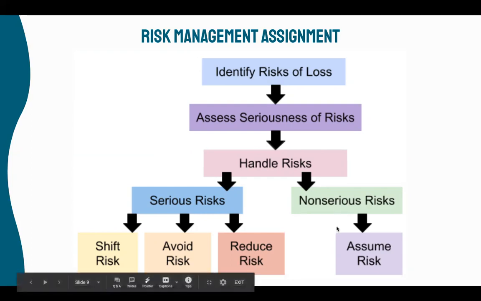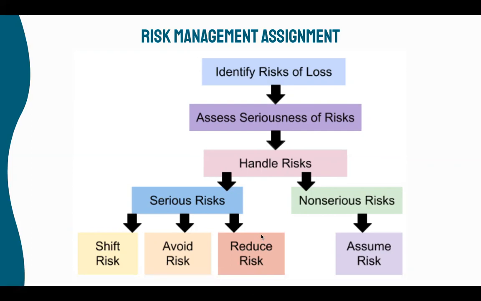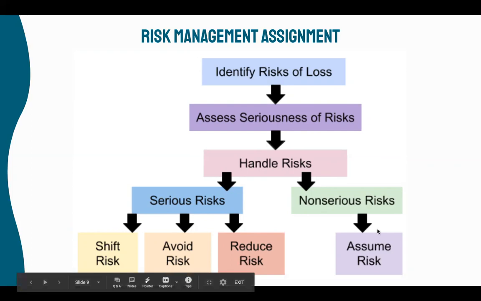Okay, a non-serious risk would be something like playing the lottery, right? I can't purchase insurance. I could avoid it by not buying a lottery ticket. I could reduce it by not going places where lottery tickets are purchased. But since it's non-serious, all I have to tell you is how I'm going to assume it. Well, I'm going to pay for the lottery ticket out of pocket, and that is how I'm going to pay for that loss.